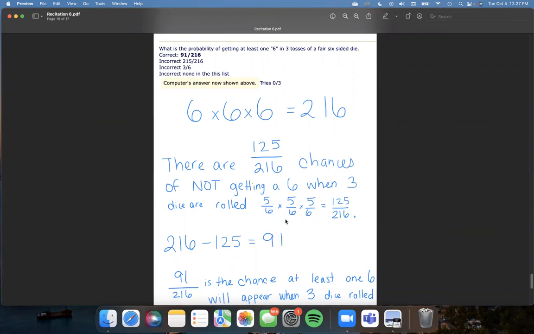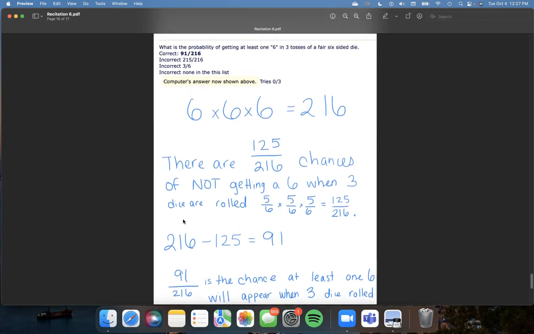Then our second roll would be here, and we're multiplying them all because each roll of the dice is independent. So the second roll would be 5 divided by 6, and then the third roll would be 5 divided by 6. When you multiply all those together, we get 125 divided by 216. So that's the chance of not getting a 6 when 3 dice are rolled.